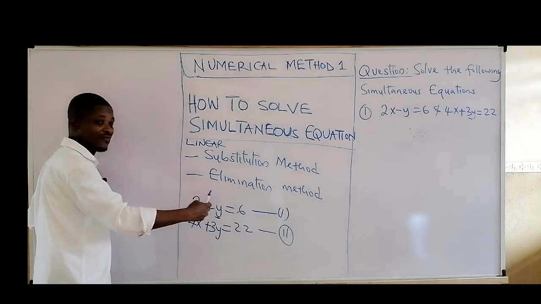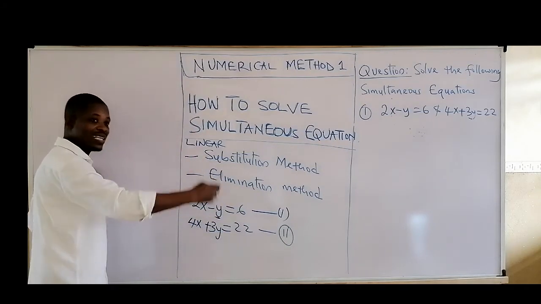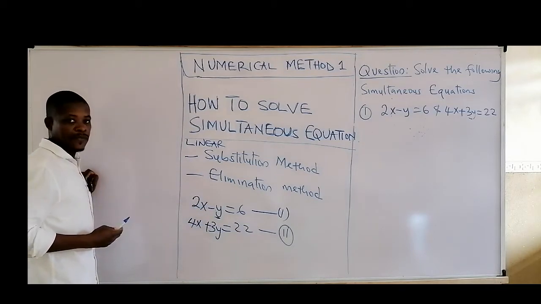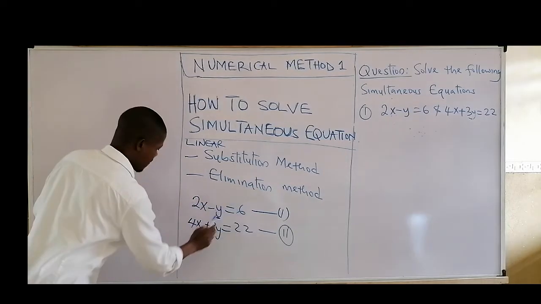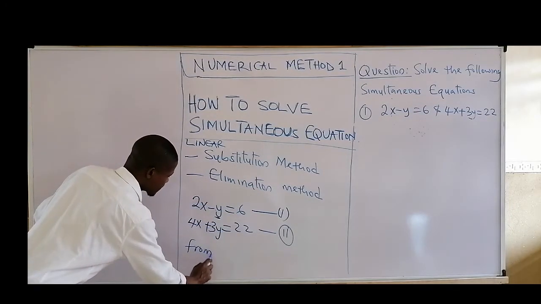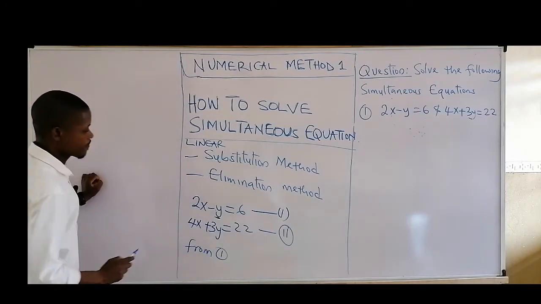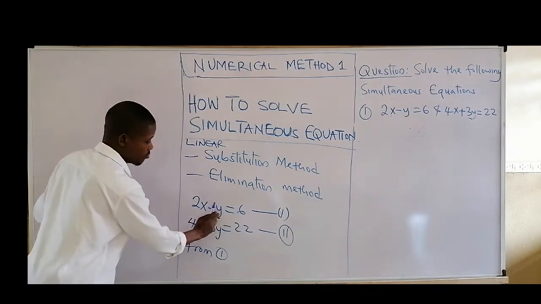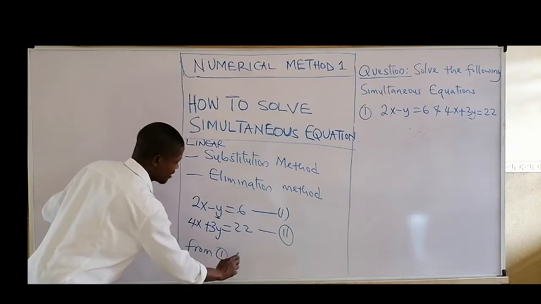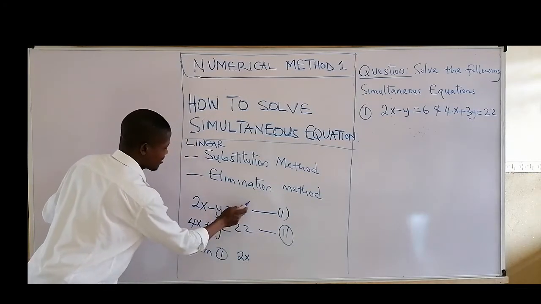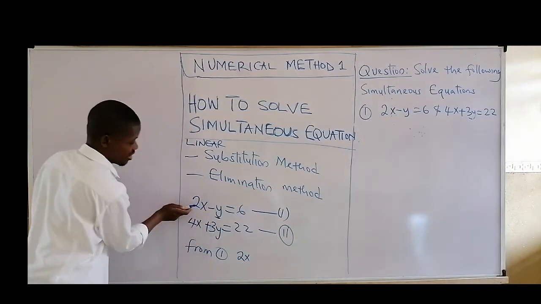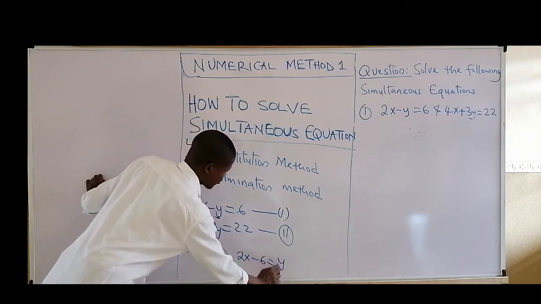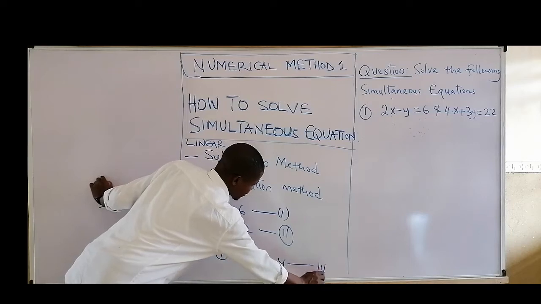So it's better for us to go there and make that variable the subject of the formula. So from equation 1, let's make y the subject of the formula. Move this y to the other side, and this 6 comes to join the other side: 2x minus 6 equal to y. I call this one equation 3.